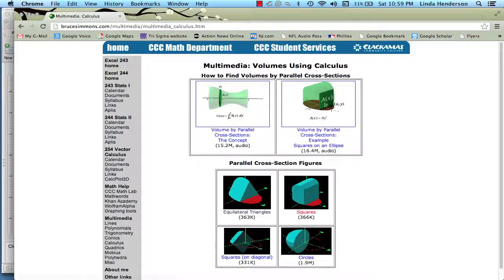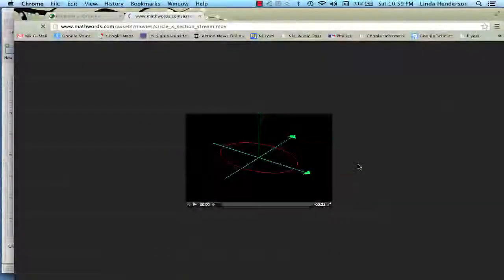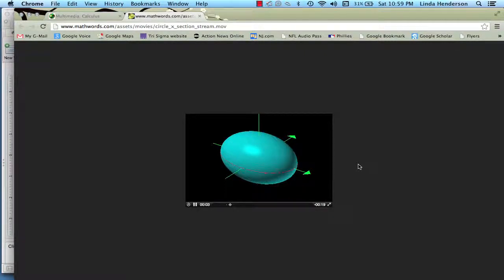All right, so let's look at one more. Again, an elliptical base, but this time the cross sections are whole circles. This one basically looks like an egg or a football.